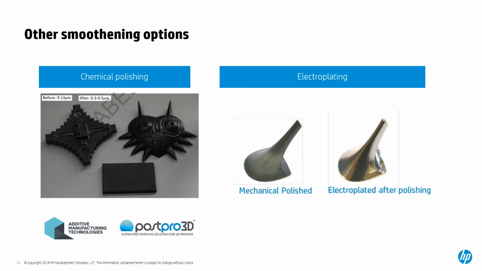But for this chemical polishing, we need a chemical that is not so easy to handle, such as acetone, for example. So it's a corrosive one, but it's enclosed in a compacted system.